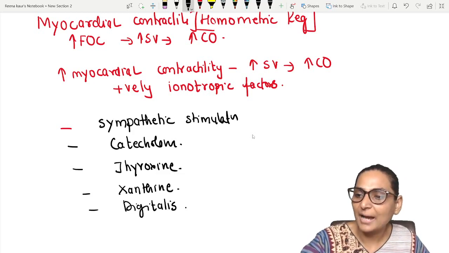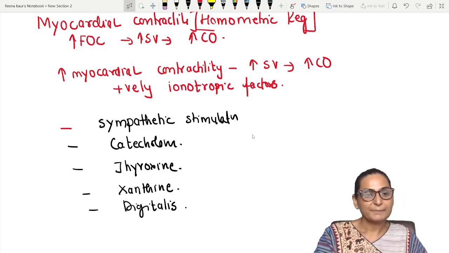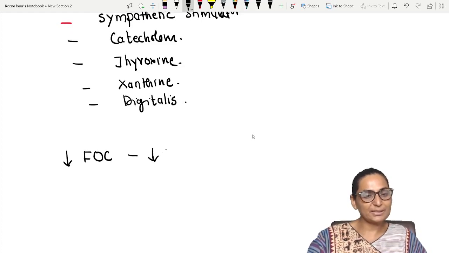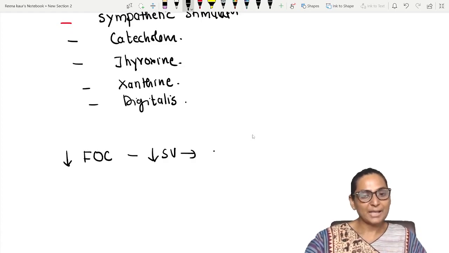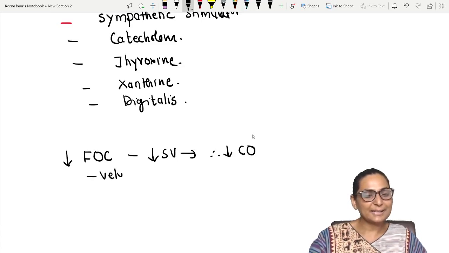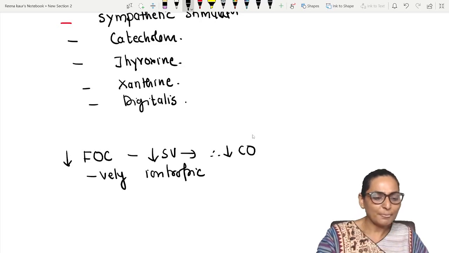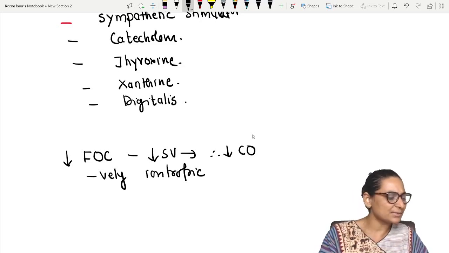a positive inotropic agent. Then those factors which decrease the force of contraction, and therefore decrease the stroke volume and therefore decrease the cardiac output, are negatively inotropic agents or factors.